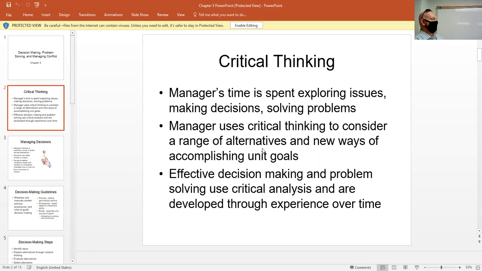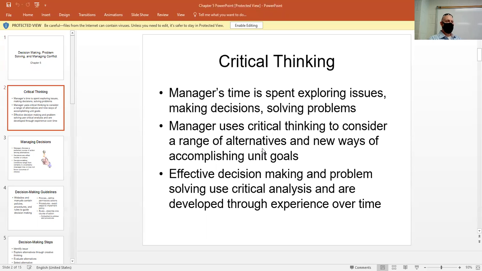But you do have to have time set aside for exploring issues, looking for problems, making decisions that are going to be put out there to fix these, and then putting all that together and coming up with a solution to solve these problems. So in order to do that, you have to use critical thinking, and what you have to consider is that you have a range of alternatives and new ways of accomplishing unit goals.